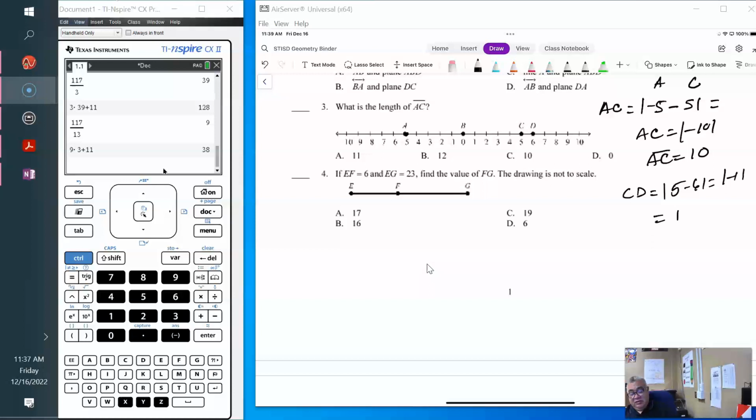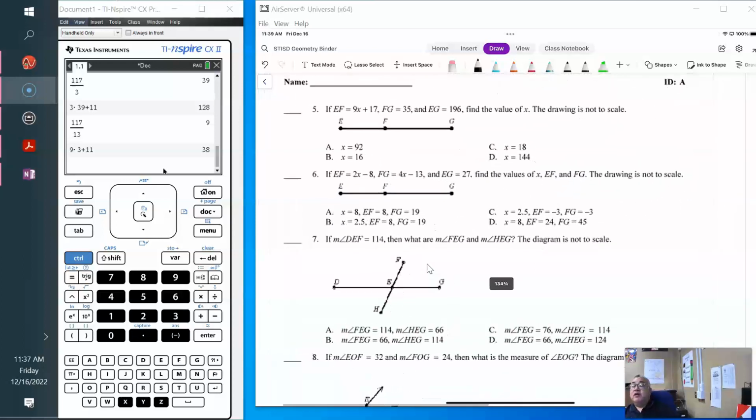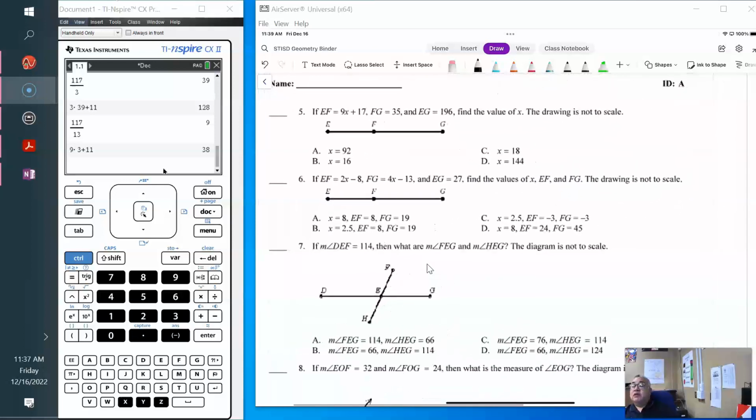So we know that AC is not congruent to CD because the distances are different. Okay, so just remember that, and you have to explain. That's number 3.